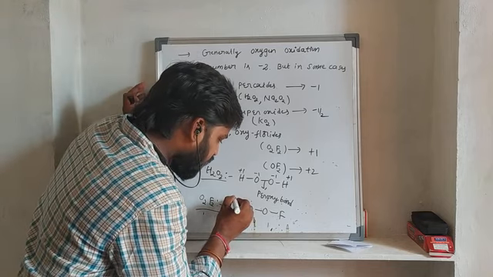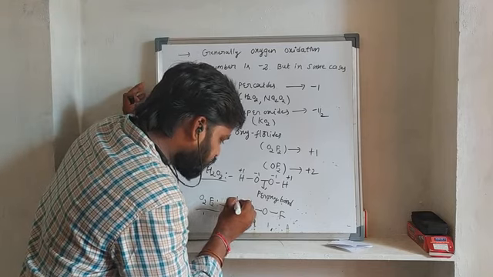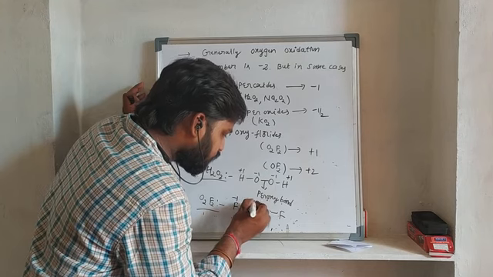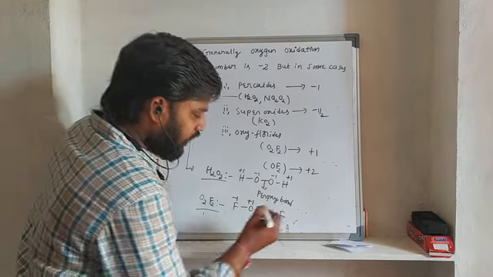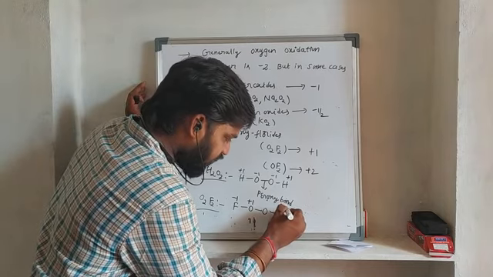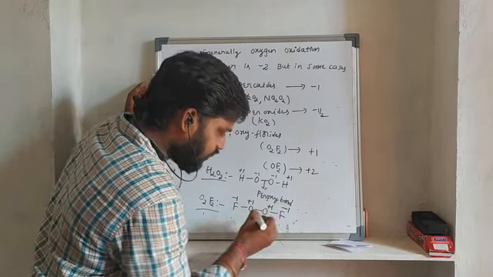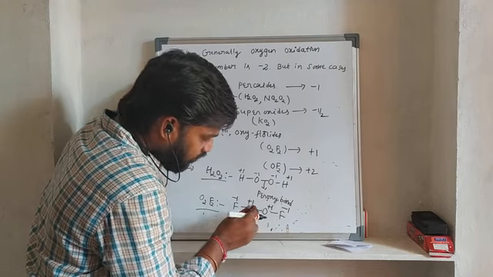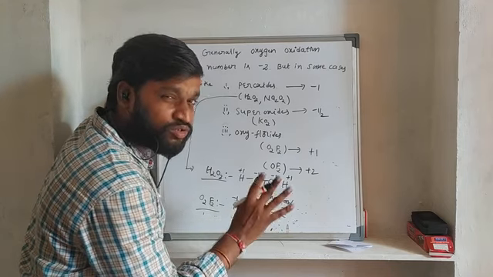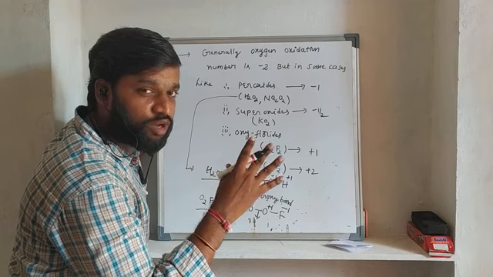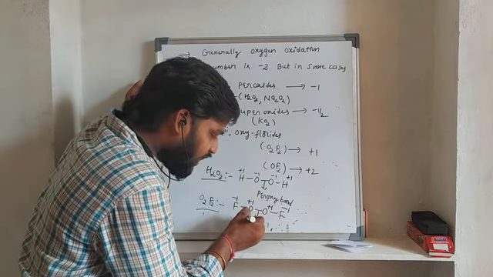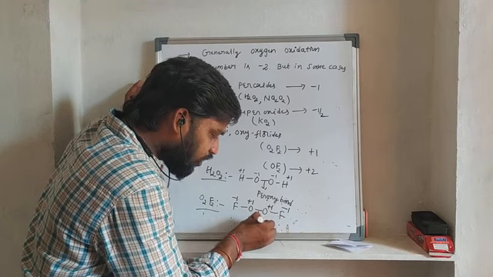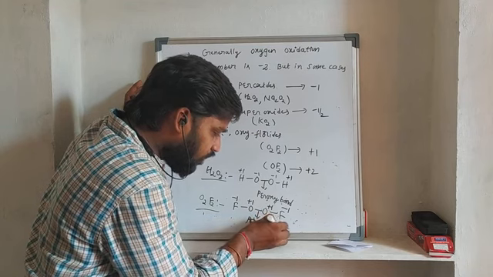That's why here -1, here +1. Here also, -1 and +1. But between oxygen and oxygen, no charges are developed on the oxygen atoms because this bond is a peroxy bond.